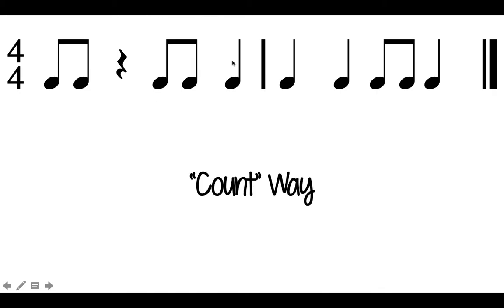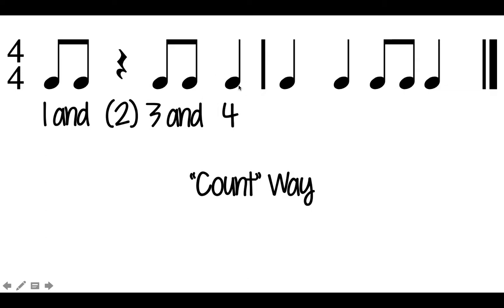What I mean by that is this would be 1 and, here's our rest, 2 in parentheses. We have a tt, so it would be 3 and. We have a ta, it would be 4. And then we have a bar line here, so we start back over at 1. You don't say 5. Whenever there's a bar line, it's back to 1. So this would be 1, 2, 3, and 4.